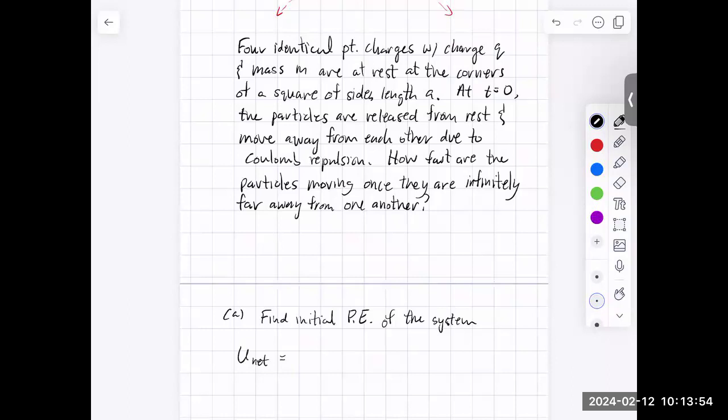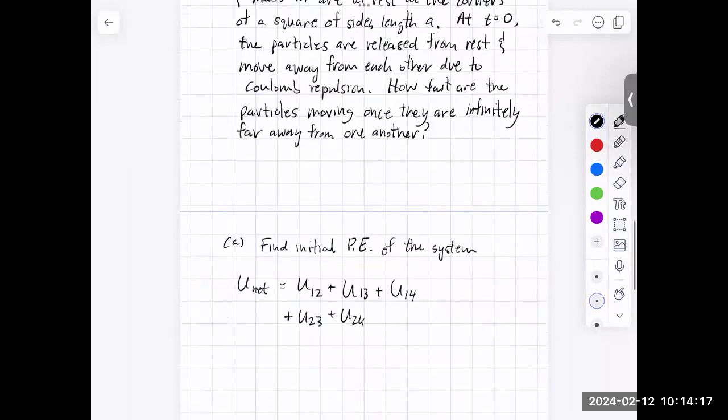So to find the net potential energy of the entire system, we're going to find the potential energy between all pairs of charges. So we have the interaction between 1 and 2, 1 and 3, 1 and 4, 2 and 3, 2 and 4, and 3 and 4.